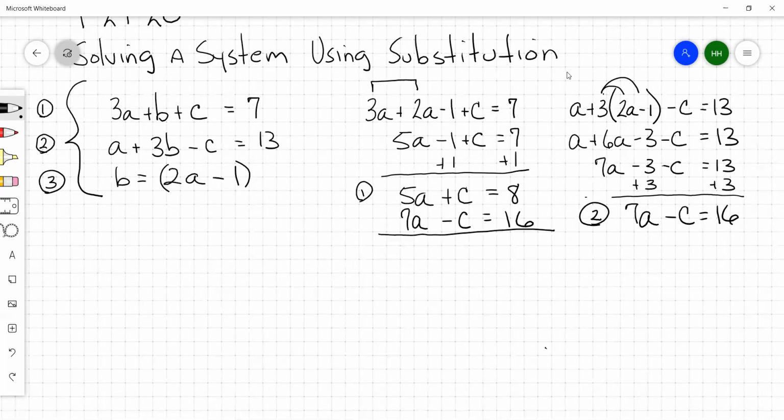We'll take our 5a plus our 7a and get 12a. The c's cancel out. And 8 plus 16 is 24. Can divide both sides by 12. And our a is equal to 2.